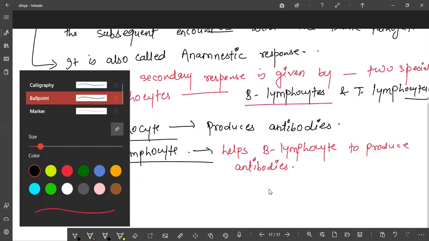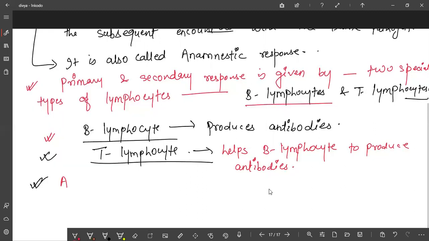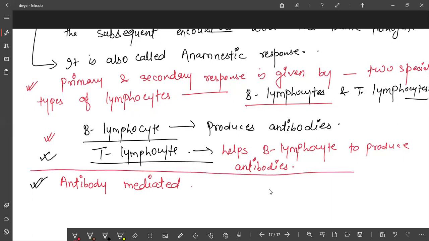Now, we will study antibody mediated immunity. Antibody mediated immunity is also called humoral immunity. This question is asked in board examination also.